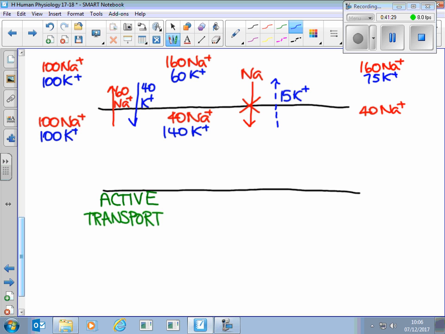Not really left enough space here. And what have we got inside? 125. So let's do some adding up here. What's our total charge outside? 235.